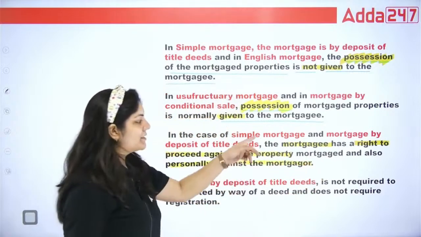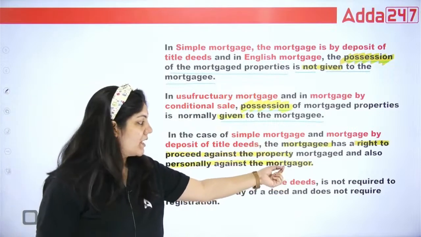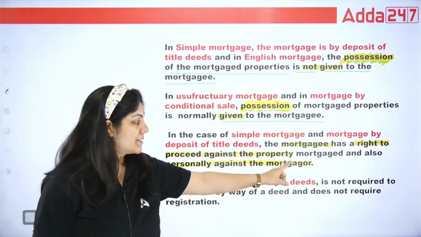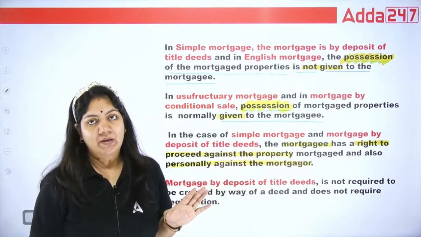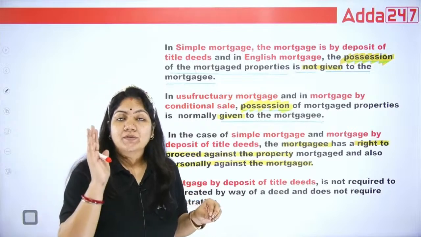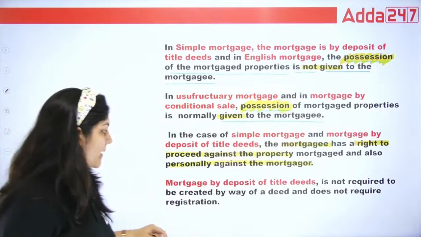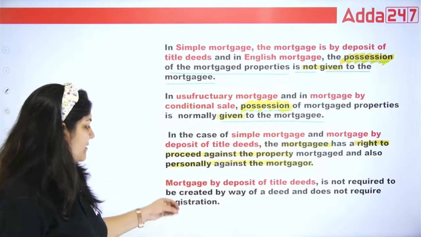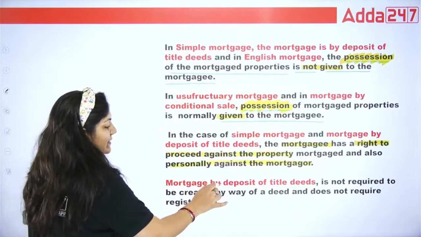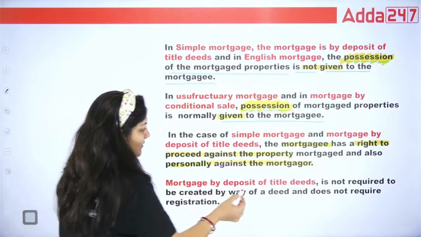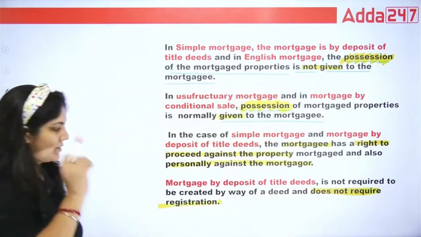It means in these two mortgages, the mortgagee can personally approach the mortgagor and say that you have to give our money, because we know that the mortgagor is a person who takes money from the mortgagee. Mortgage by deposit of title deed does not require registration. It means this is the only mortgage which does not require registration.